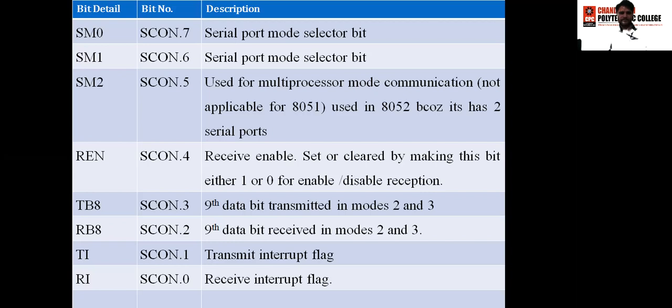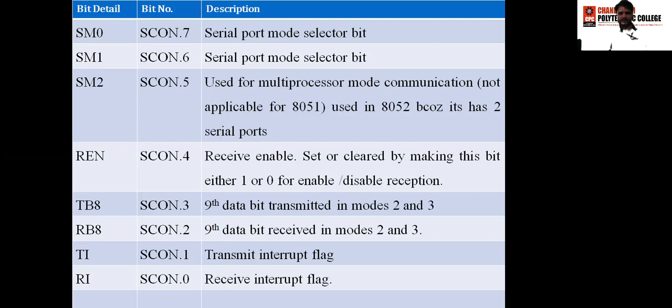REN is the receive enable. To enable or disable the reception, we have to set or reset this bit accordingly. Before reception, you have to enable the REN bit, which is bit number 4 of SCON.